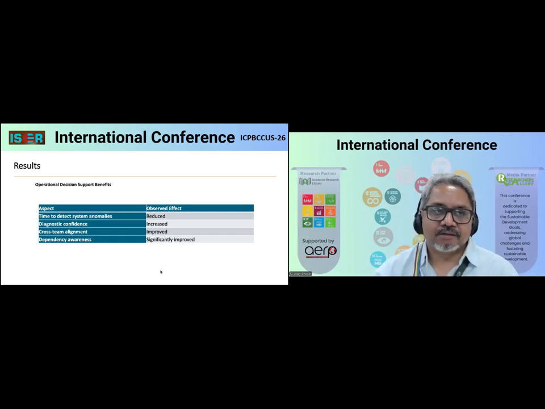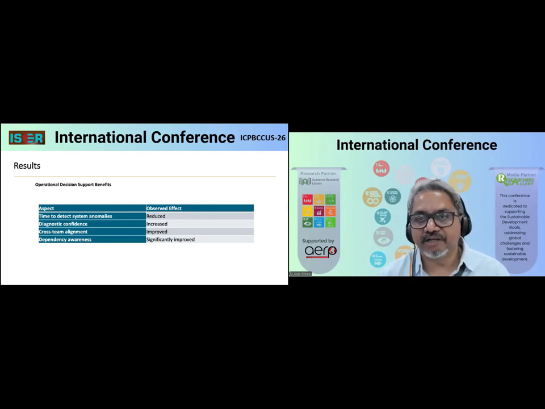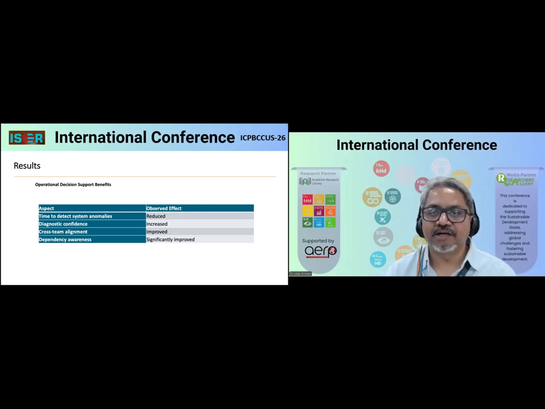In other benefits that we see, overall, there is better coordination between the different teams: the engineering teams, the operational teams, the field teams. Having this entire connected network will allow better coordination between these teams.